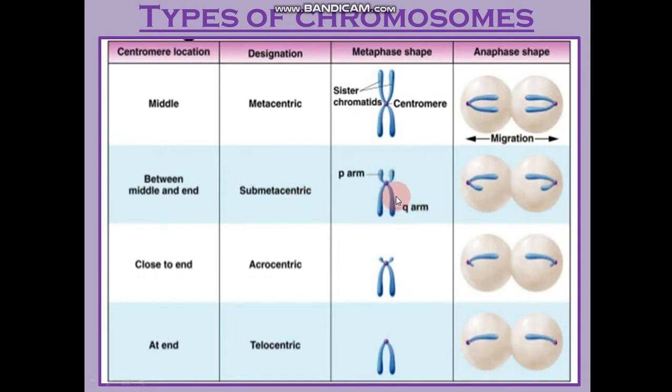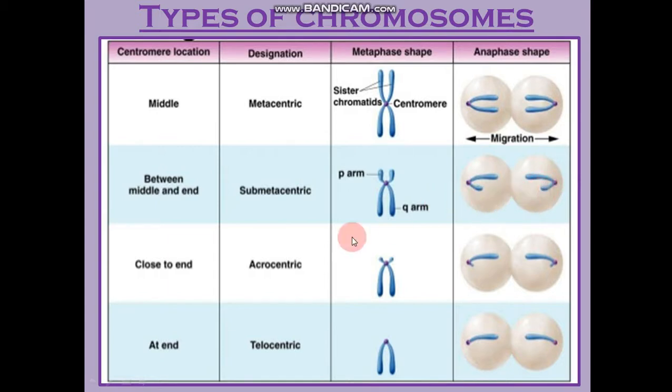One arm is longer than the other. When this submetacentric chromosome moves towards the opposite pole with the help of spindle fibers, it will show a J shape.